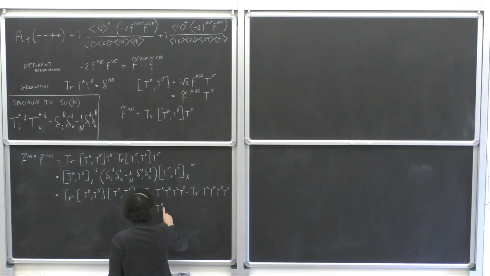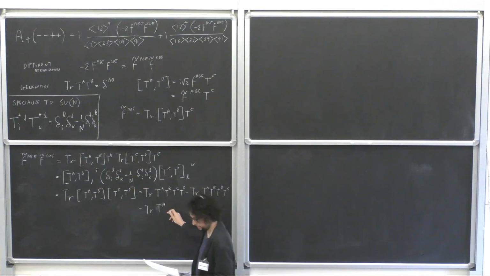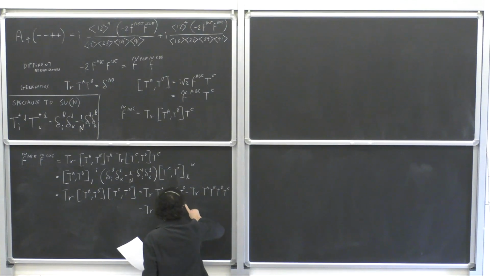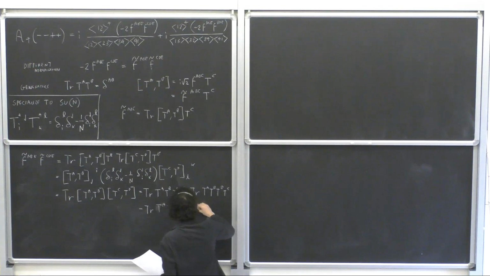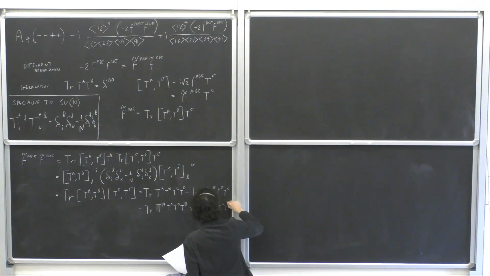Here, using cyclicity of the trace, I can always write this in a way that the first element is the A, or the one corresponding to the first leg. So in this particular case, I would have minus A, TC, TD, and then using cyclicity, I put B here, plus trace of TA, TD, TC, TB.